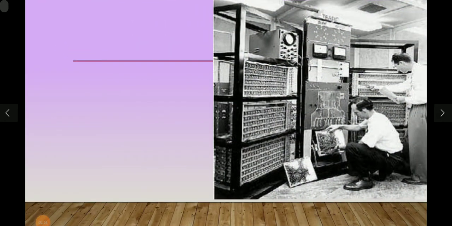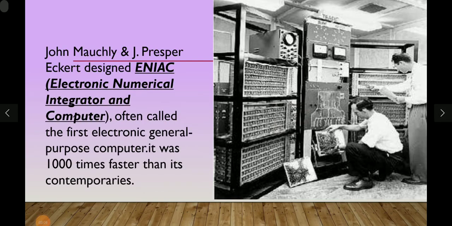See, children, this is the first generation computer. Does this look like today's computers? No, right? It's a very bulky thing. John Mauchly and John Presper Eckert designed ENIAC, abbreviated as Electronic Numerical Integrator and Computer. These two invented this first generation computer, often called the first electronic general purpose computer.